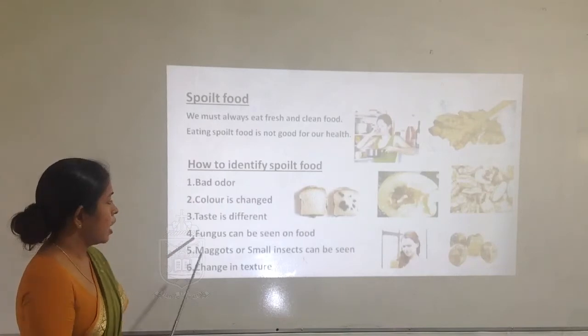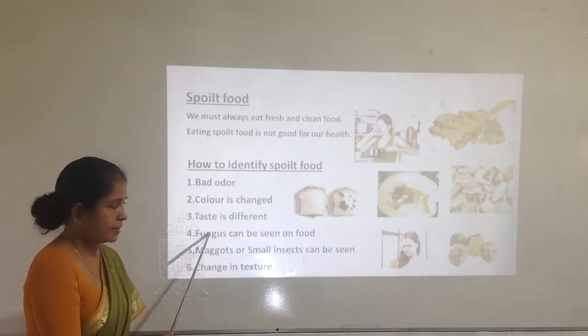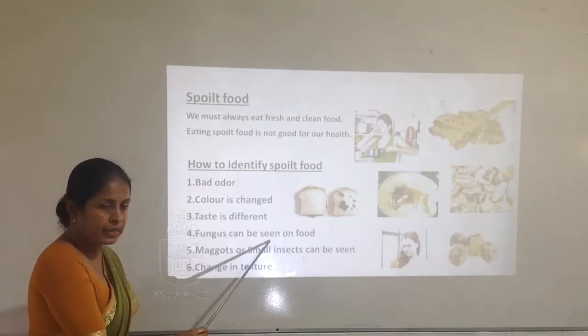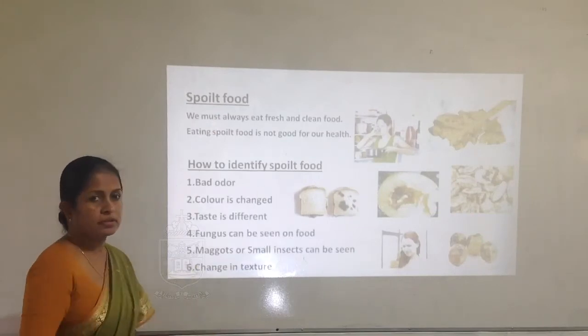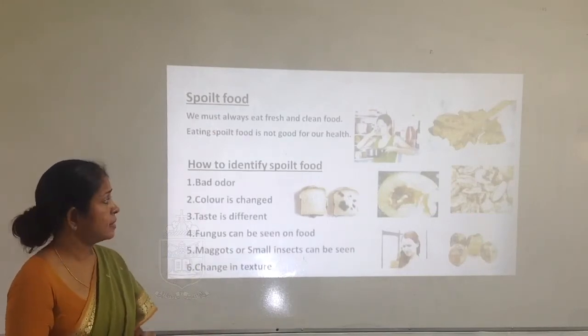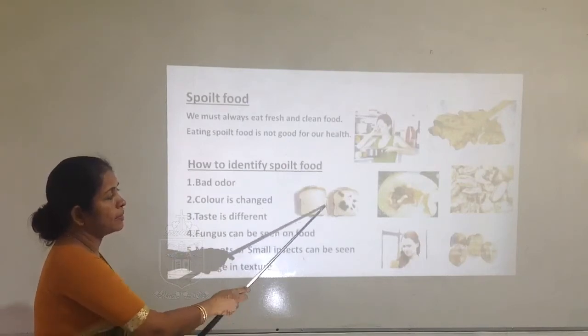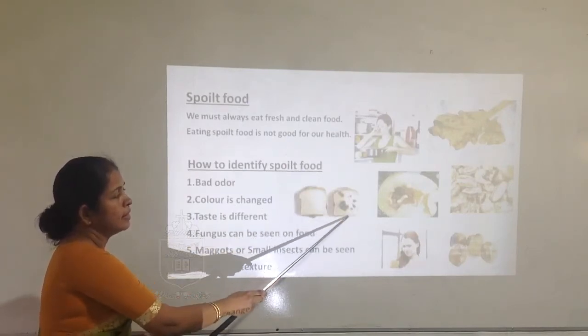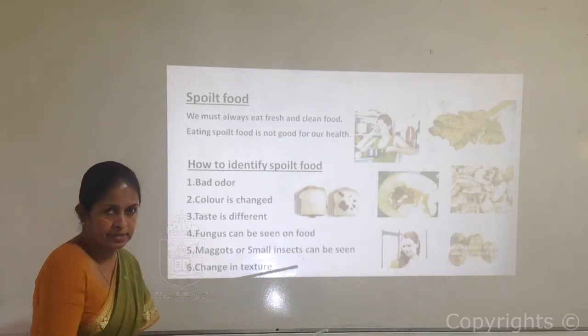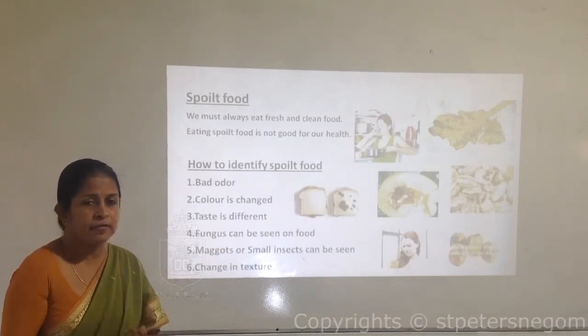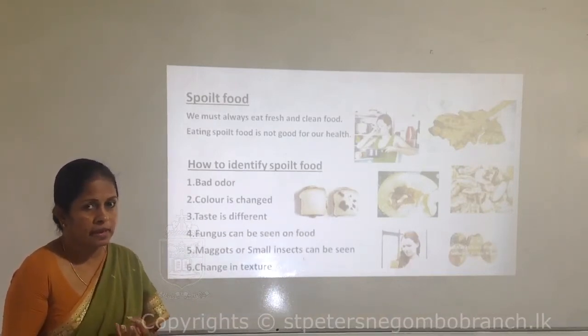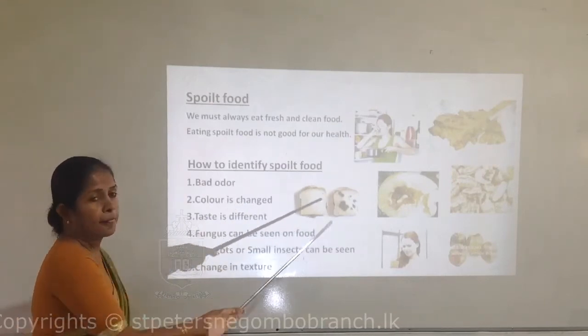Next is fungus can be seen on food. You can see here, this is normal bread. This is the bread with fungus. Fungus can be different colors. Sometimes it builds up with a black color.